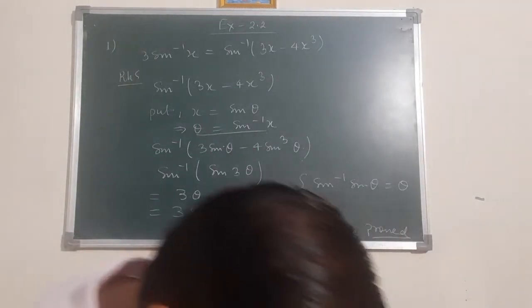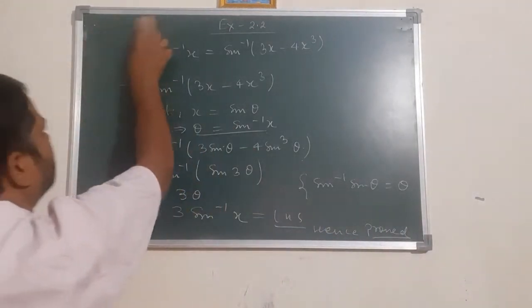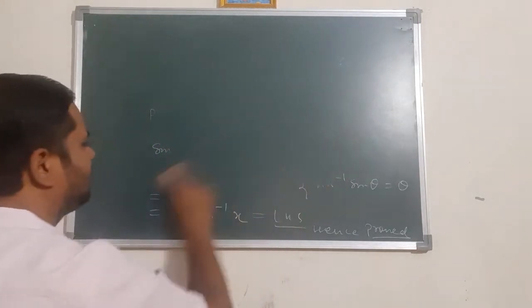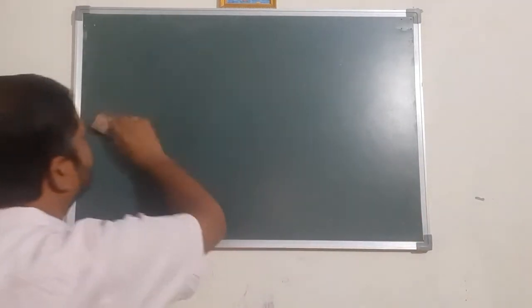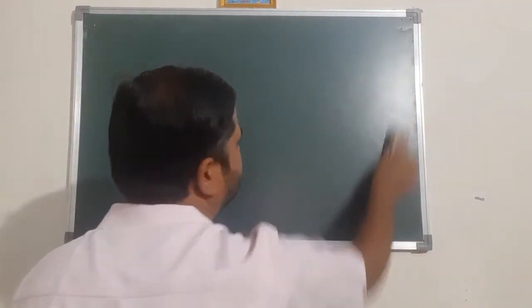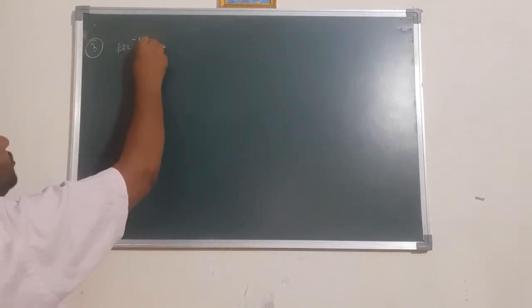Third one is, now we are going to discuss question number 3. In question number 3, we see tan inverse of 2 by 11. Question number 3.